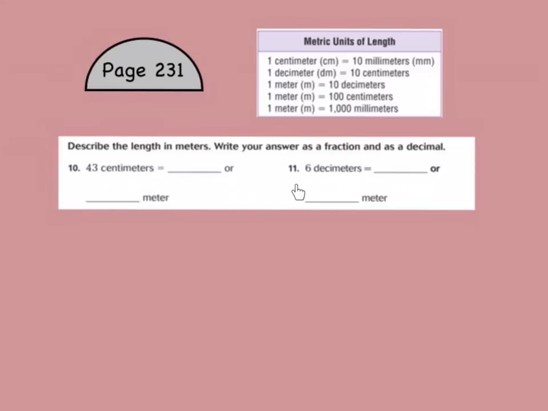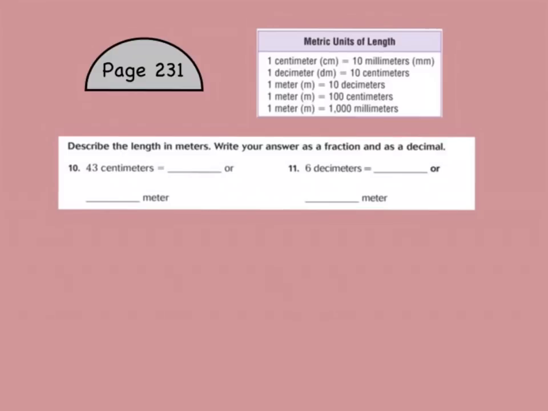Number 11 says 6 decimeters is equal to blank meters. Well, let's take a look at how many decimeters are in 1 meter. There are 10 decimeters in 1 meter. So again, we don't even have 1 whole meter. So let's go ahead and put that in fraction and decimal form.